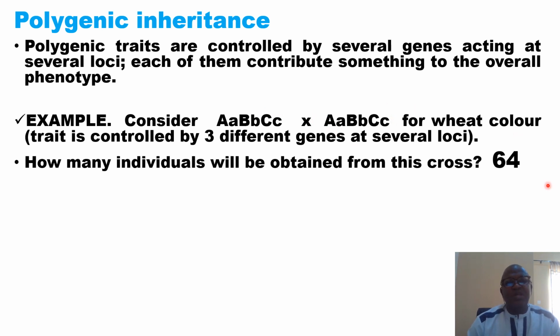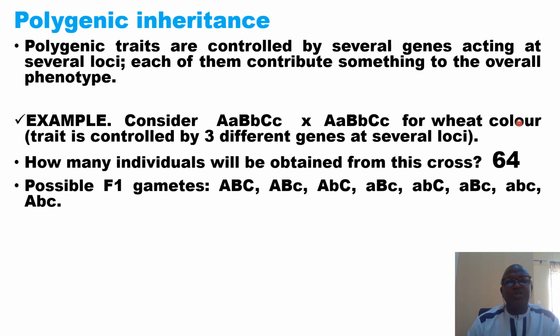So how many individuals will be obtained from this cross? We expect a total of about 64 different individuals, all of the genes interacting differently. Now, the possible F1 genotypes we get will be A, B, C, capital A, capital B, small c, and so on and so forth.